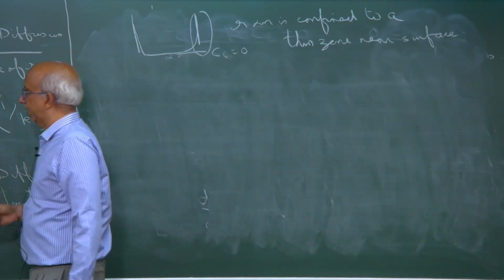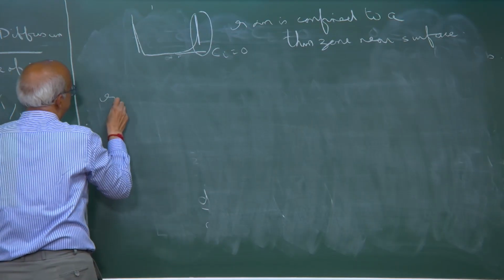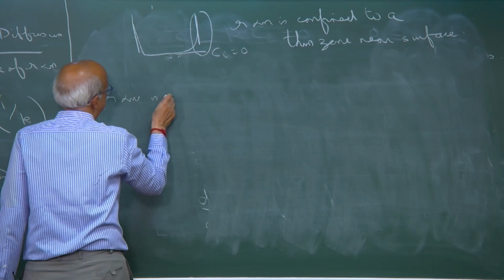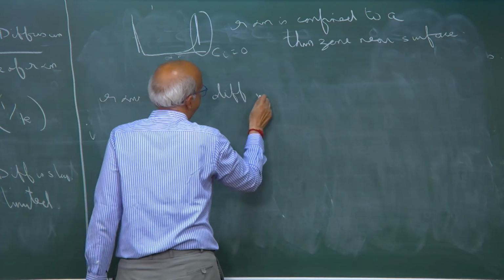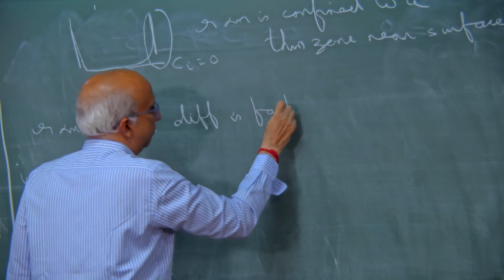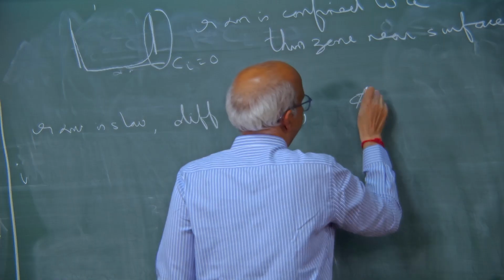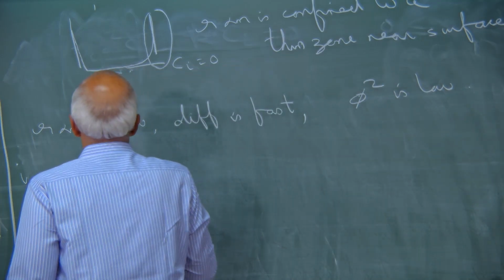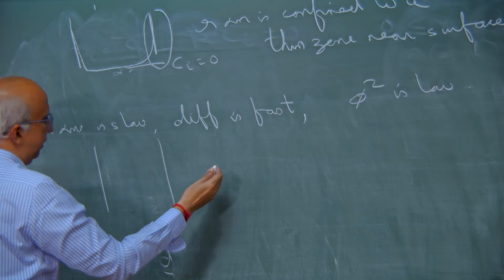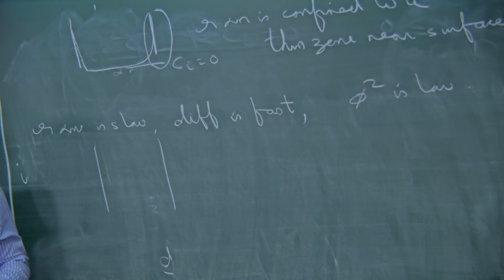The opposite case is going to be reaction is slow, diffusion is fast, in which case phi squared is low. Okay. Here it comes into the pellet very, very fast, reaction is so slow.